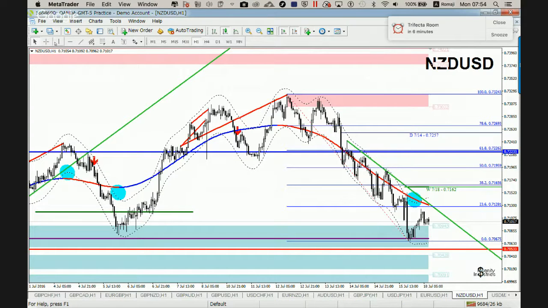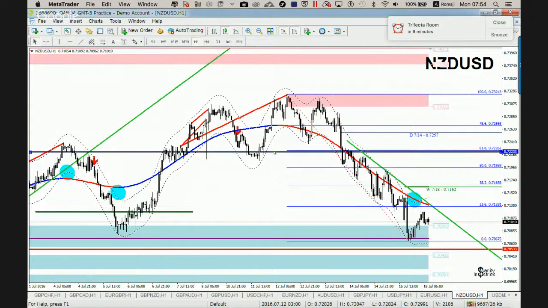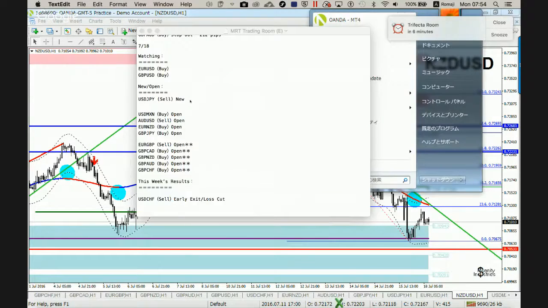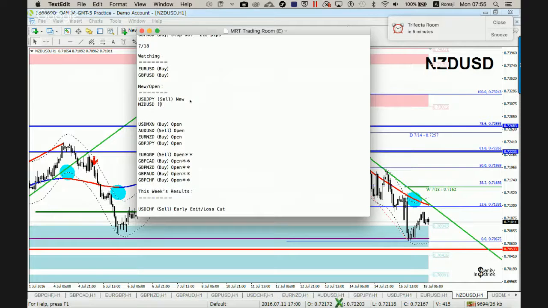So we could just set another one at this 78.6% level. So let's add this as our second new trade. We have a newsy dollar buy trade, and that's new.